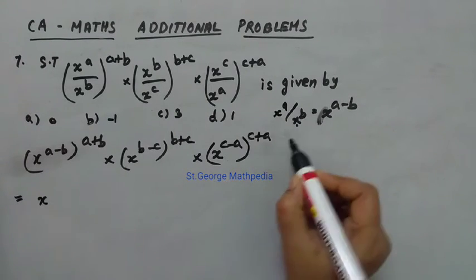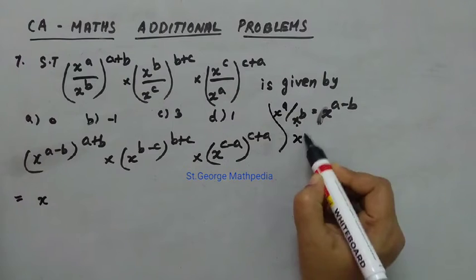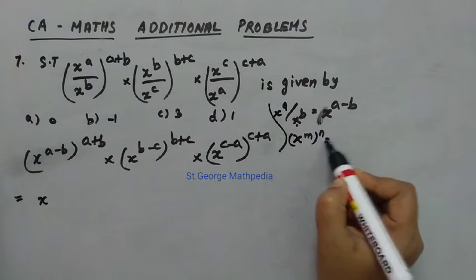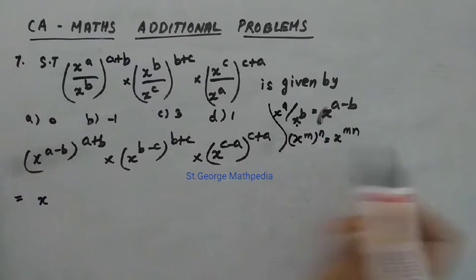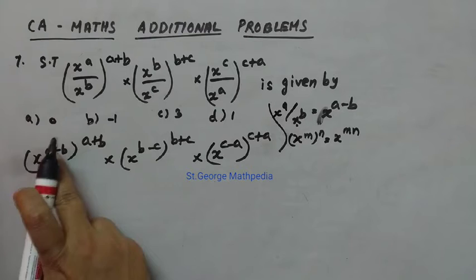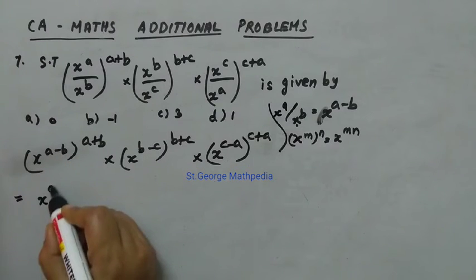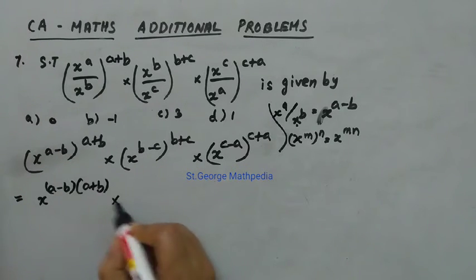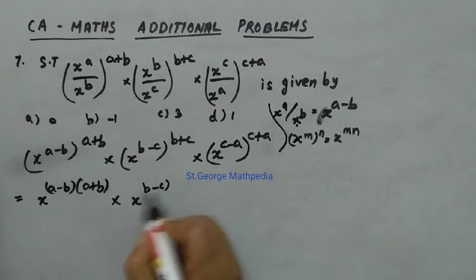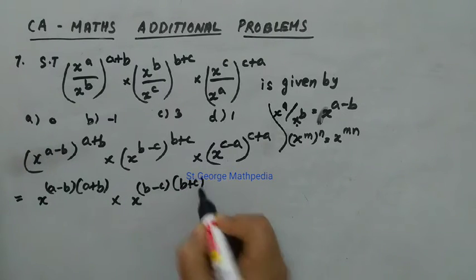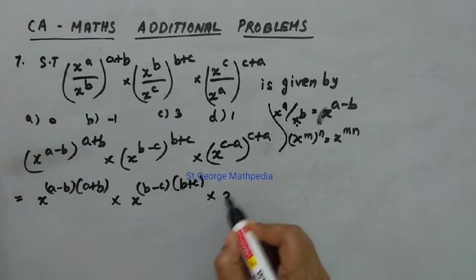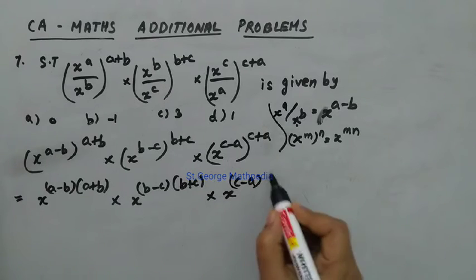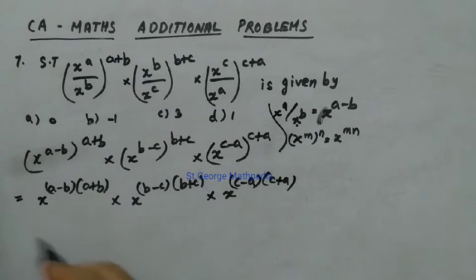This is equal to x to the power of, now we are using the formula (x^m)^n is x^(m*n). So (x^(a-b))^(a+b) gives a minus b into a plus b, into x^(b-c) into b plus c, into x to the power of c minus a into c plus a.